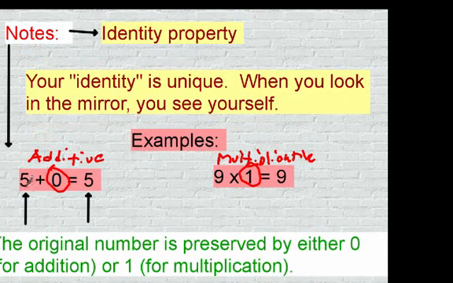Because anytime I add 0 to a number, the number doesn't change. Anytime I multiply 1 by a number, the number doesn't change. So identity is a number that I can combine with another number and not change it. All right? Additive identity is 0, multiplicative identity is 1.